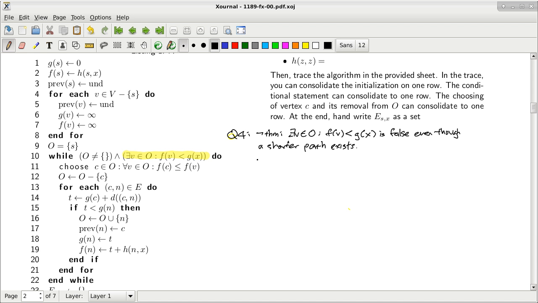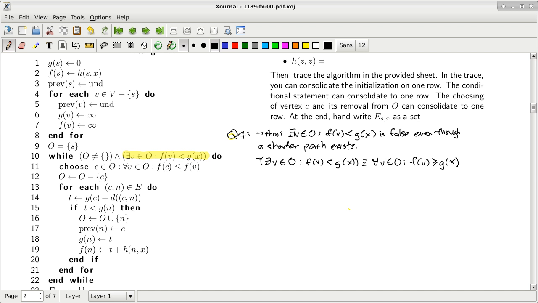Okay, so now we can say the negation of there exists V in O such that f of V is less than g of x means exactly the same thing as for all V in O, f of V is greater than or equal to g of x.